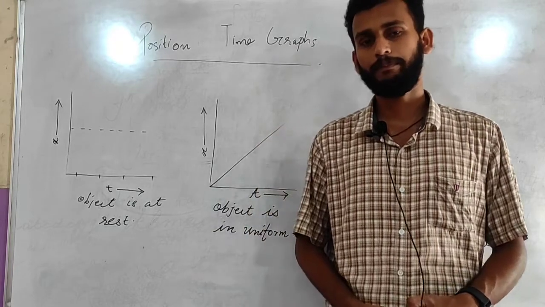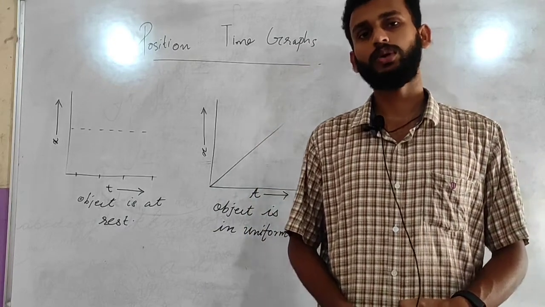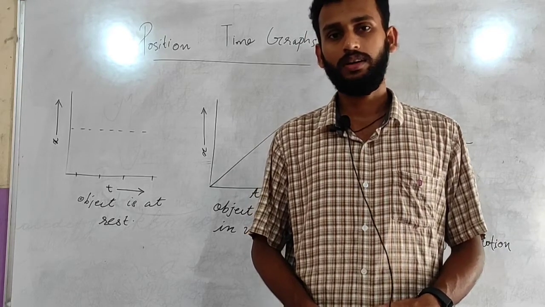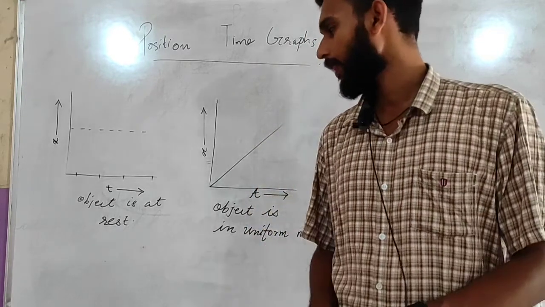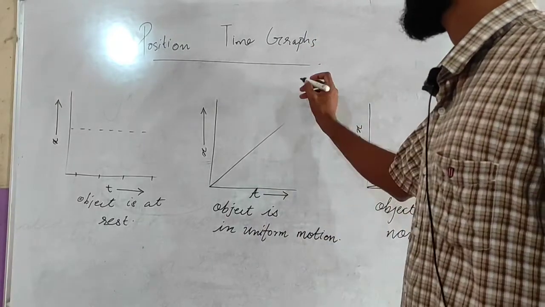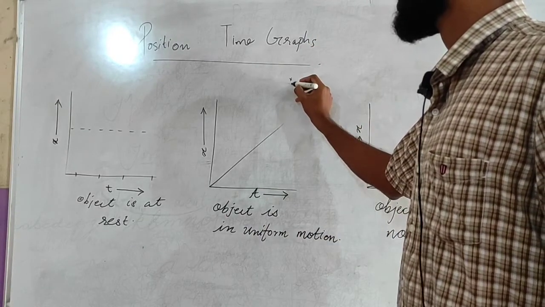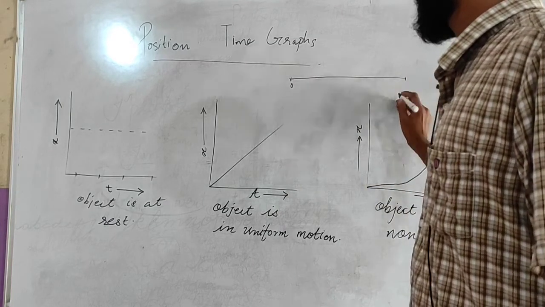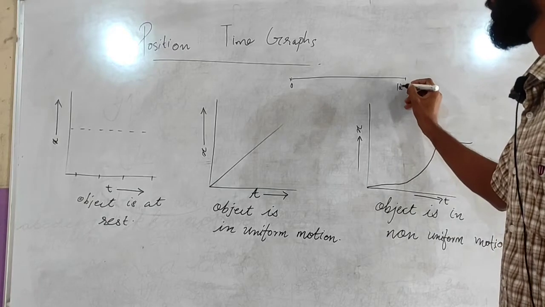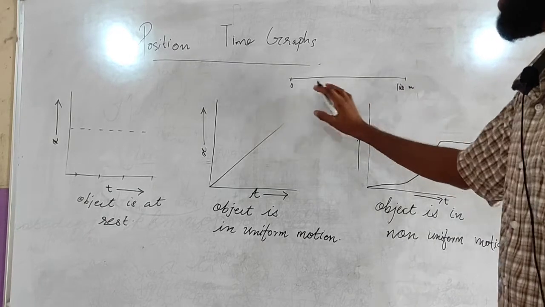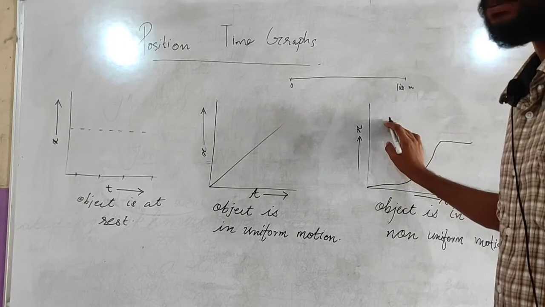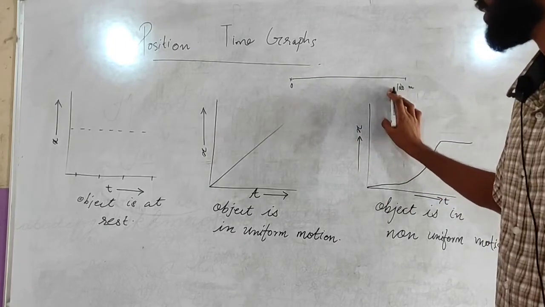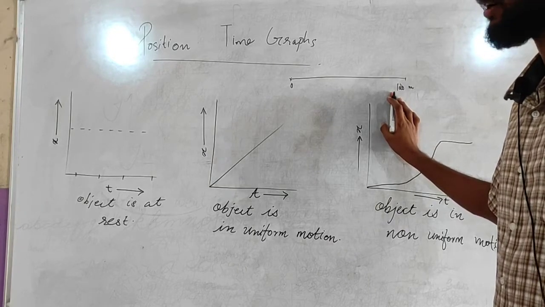First of all, the path length. Path length is the total distance covered by the object throughout its motion. So that means, suppose the body is starting from the origin, that is at the point O, so 0 to a distance 120 meters, then the distance travelled or the path length travelled will be considered as 120 meters.